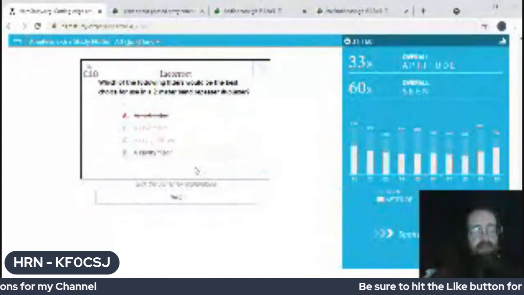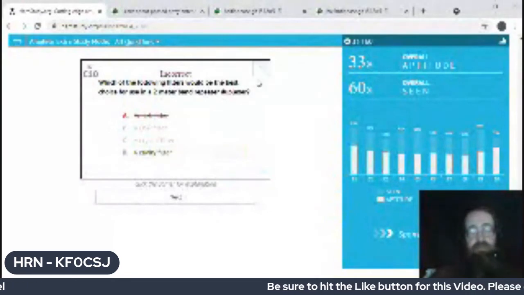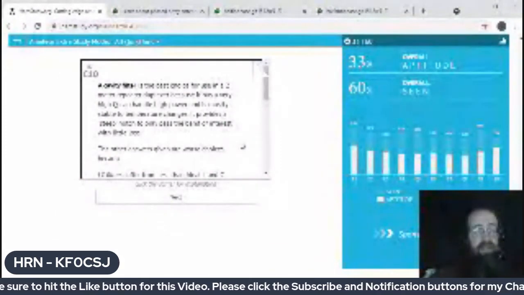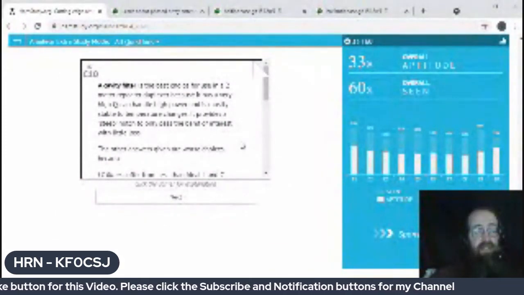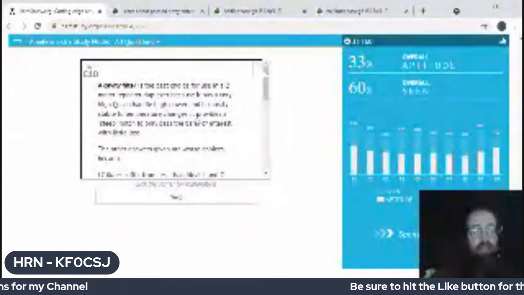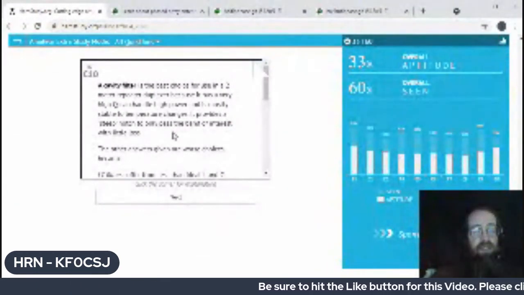I'm going to guess A. Nope. Cavity filter. Okay. A cavity filter is the best choice because it has a very high Q and can handle high power.